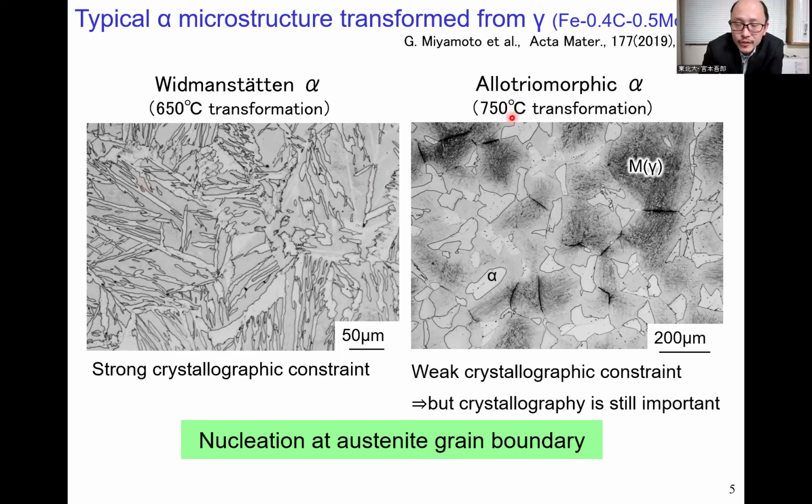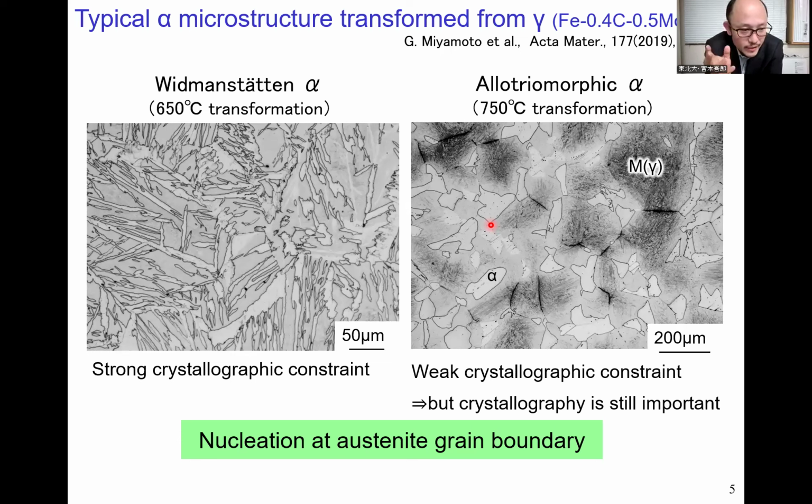And at higher transformation temperature, the grain boundary ferrite or allotriomorphic ferrite forms. So morphology of ferrite becomes more irregular, and crystallographic constraint becomes weaker in comparison to the Widmanstätten ferrite. But crystallography is still important in this grain boundary ferrite formation. A common feature between Widmanstätten ferrite and allotriomorphic ferrite is the nucleation at austenite grain boundary.